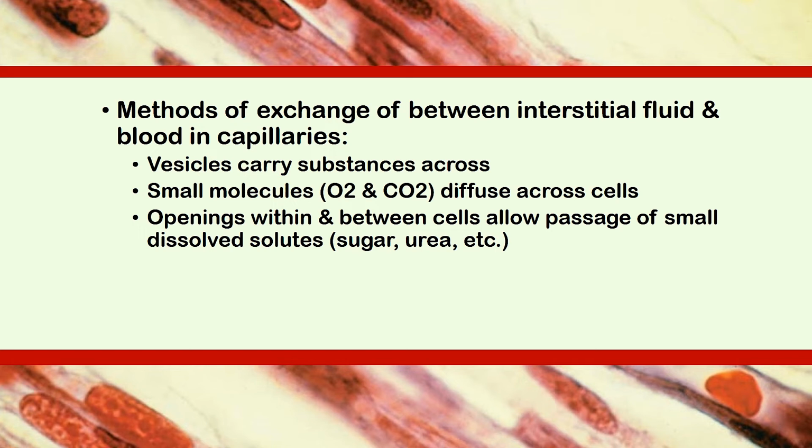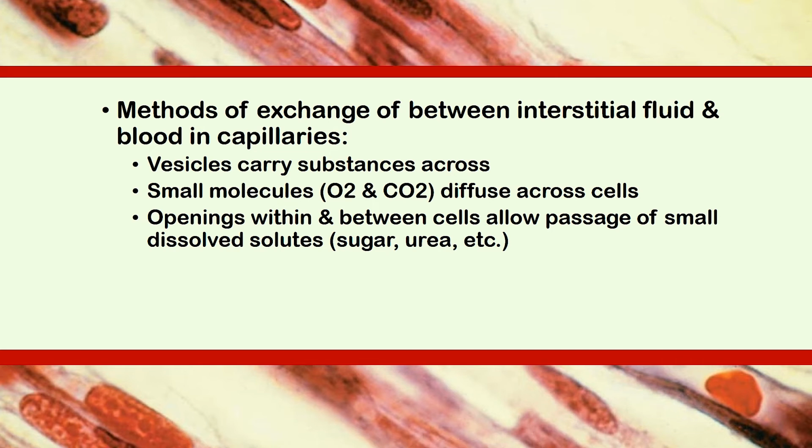You can have a third type of flow due to leaks within the tight junctions in those epithelial endothelial cells, which will allow for small molecules such as sugars, urea, and ions to move from the blood into the interstitial fluids.